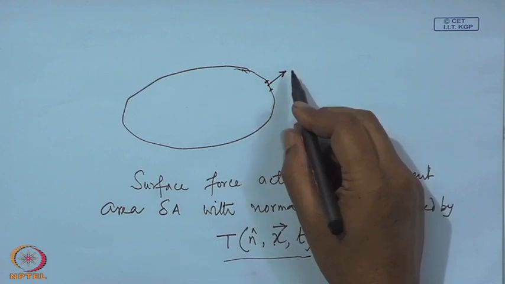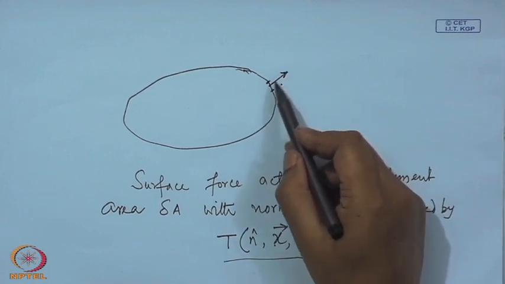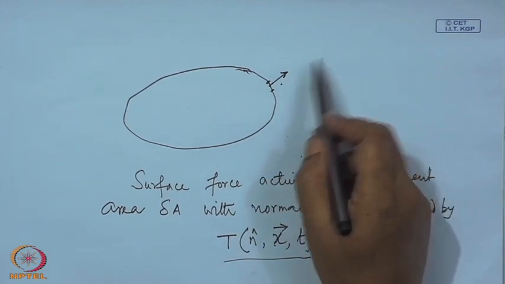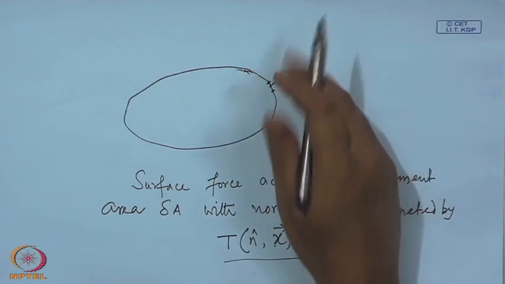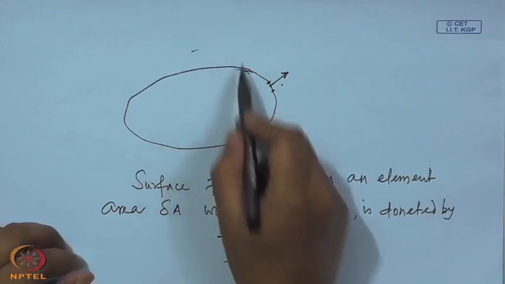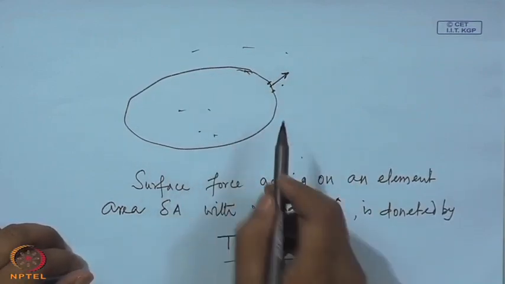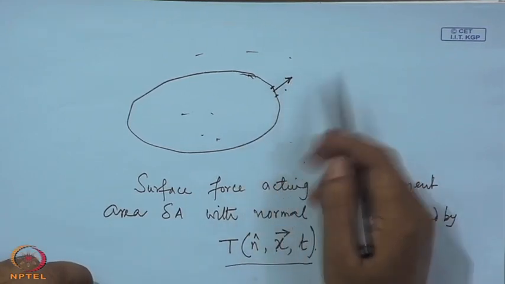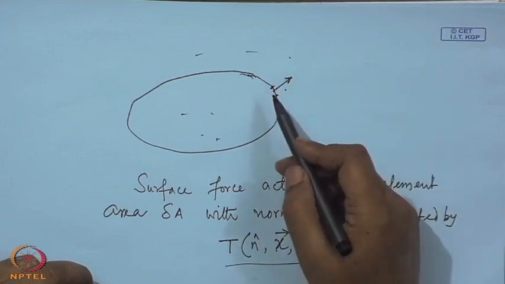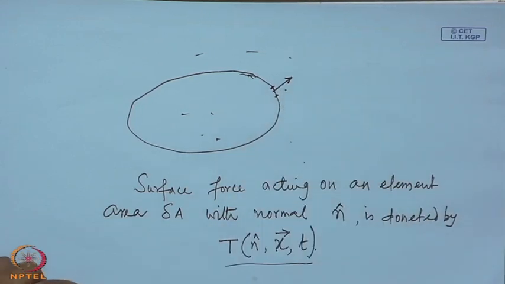That is, this part of the fluid to which this normal direction points, let us say this is only fluid, outside also fluid and inside also fluid, and this is an enclosing area. Then the fluid which is outside is exerting a surface force on the fluid which is inside, and let us say that is this T n x t, what we have written here.